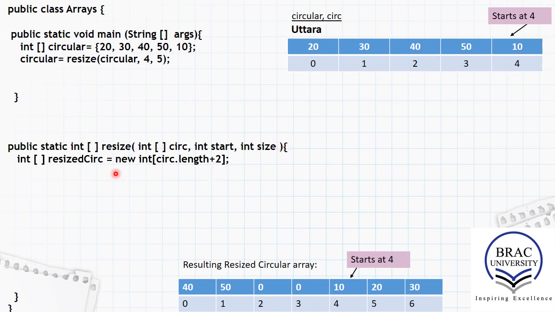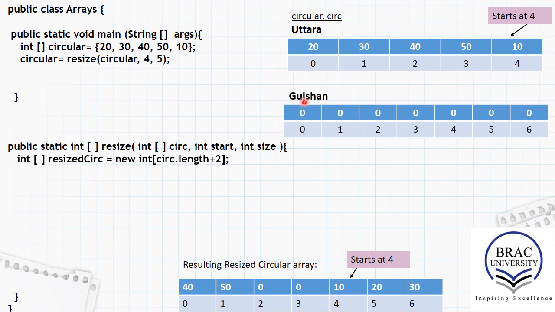Over here, this is hard coded. Every time this method is executed, exactly 2 more cells will be created. Once this line is executed, a new array will be created under a new reference. Let's say the reference is Gulshan, and then Gulshan will be stored inside the variable resized circular, resized circ in short.